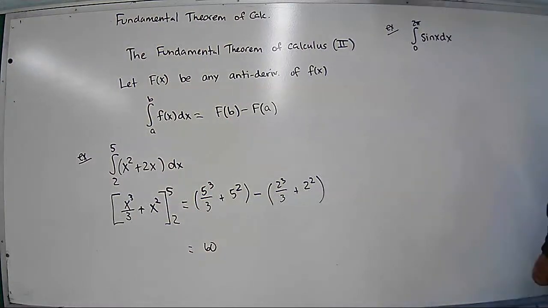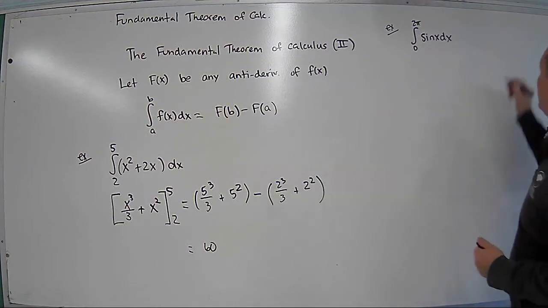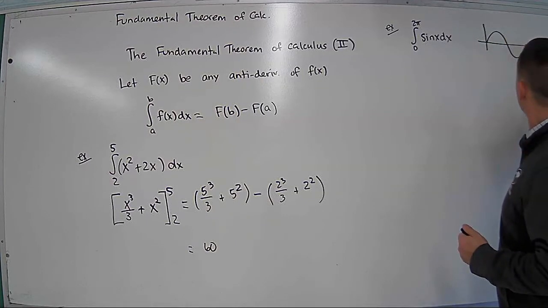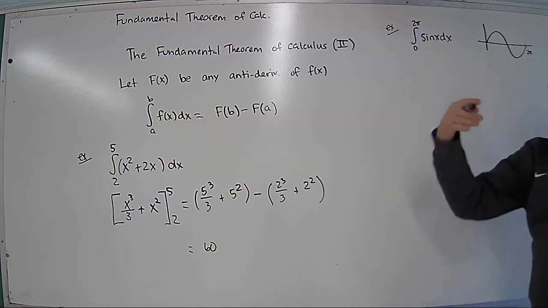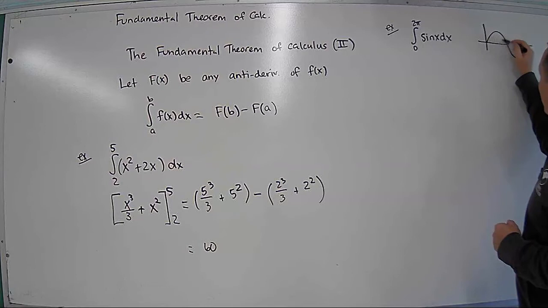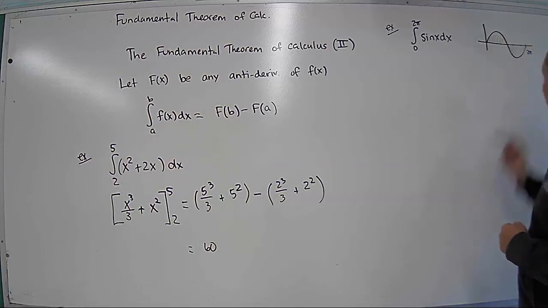Renshaw came in. So we're going to compute this guy right here. If we want to do some sort of graphical interpretation of what this might be, that's the sine function. So if we wanted to think about this as area, we would be thinking about the area from there to there.